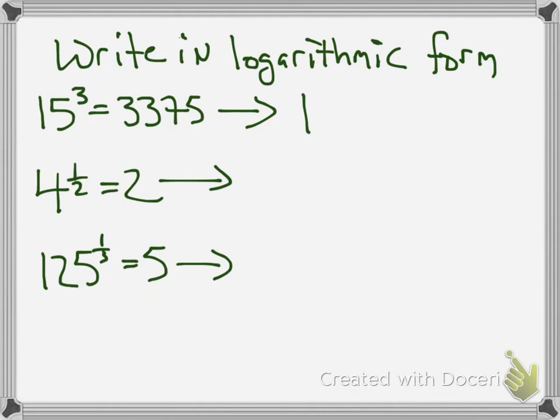So when I say 15 to the third power equals 3,375, then I'm saying log base 15. Notice how the 15 goes down, and I do have to say base, so I don't say log 15, I say log base 15 of 3,375 equals 3.